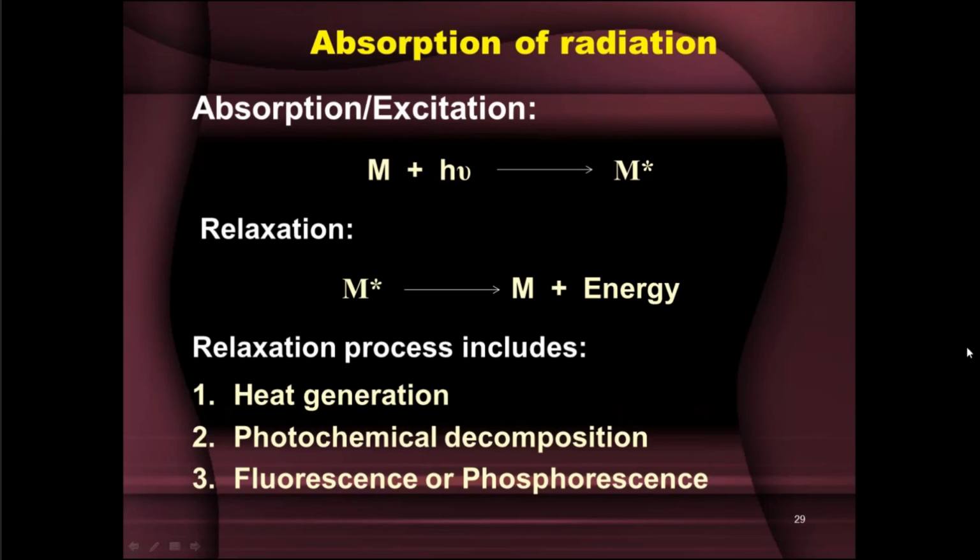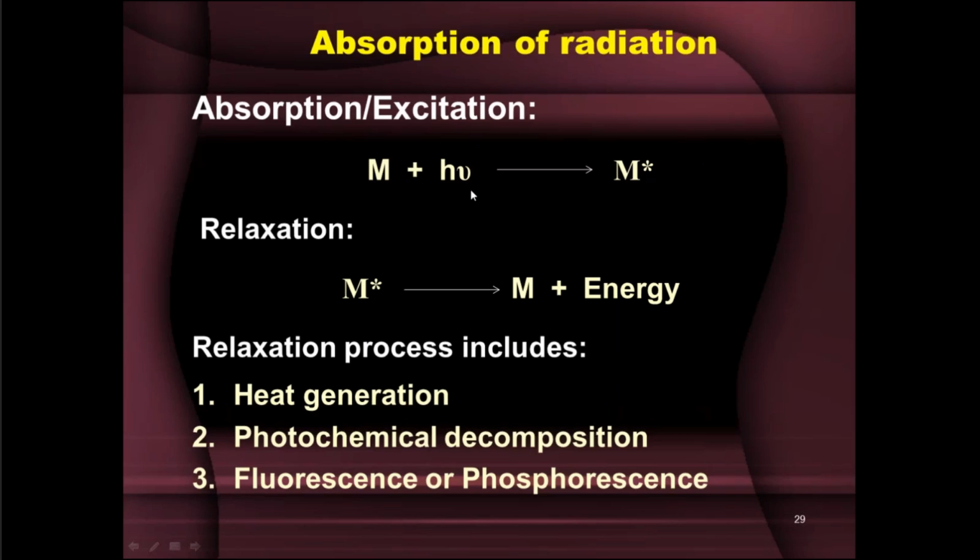So we can represent absorption of radiation by equations. Absorption always results in excitation. We can write it as M plus h nu. What is h nu? It is the energy of the electromagnetic radiation.